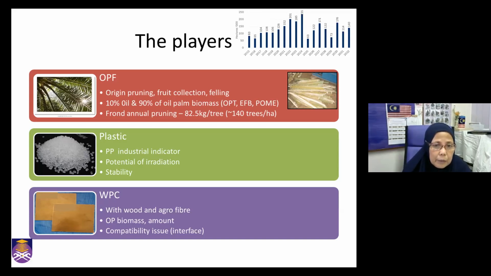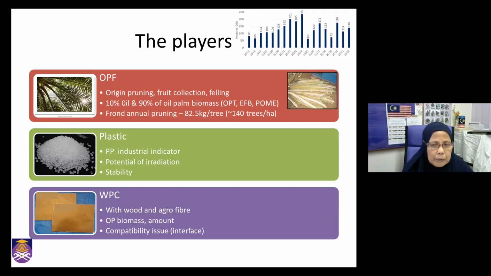So when we work with this, we produce what we call the WPC, or the wood plastic composite, where we try to marry wood and plastic, which gives a very strained relationship, because we know we are putting together something hydrophobic and something hydrophilic. So the main issue is a compatibility issue.